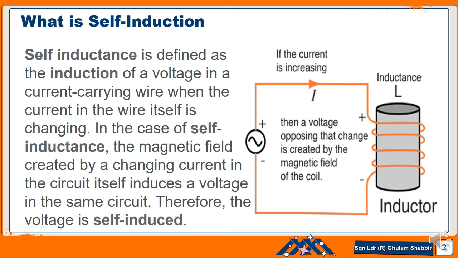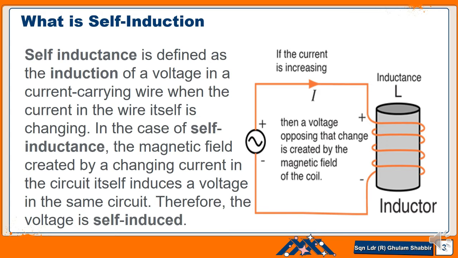So in this case, the magnetic field is produced, as we have already discussed. The magnetic field strength will be stronger inside and weaker outside. Now, when the current is changing, the magnetic field produced around this coil will also be changing. And at the same time, there will be a change of magnetic flux in this coil itself.